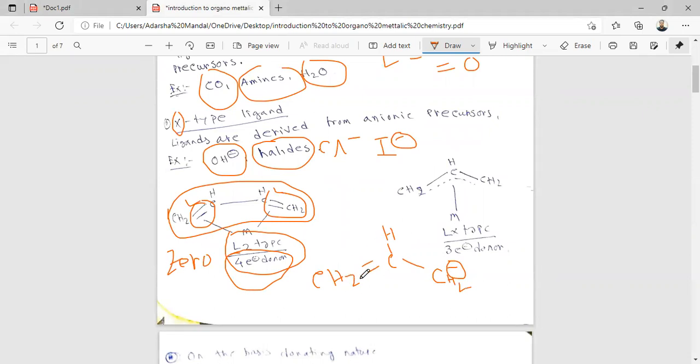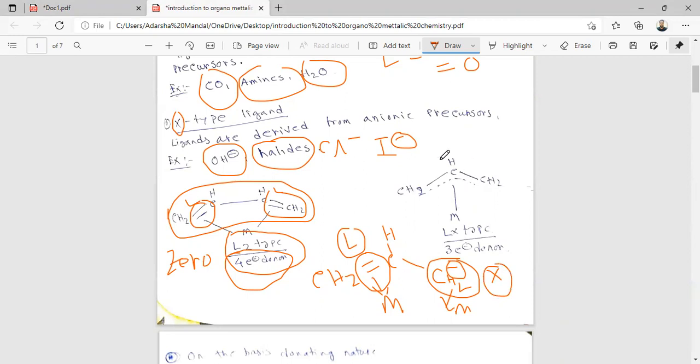It has one carbon-carbon double bond and a negative charge on the molecule. So it can donate this pi electron density to the metal center and also this negative charge to the metal center. When it donates the pi electrons, it acts in an L-type manner, and when it donates the negative charge, it acts in an X-type manner.